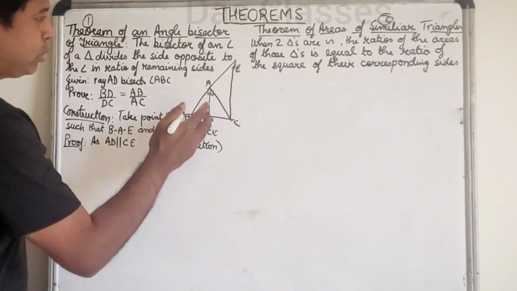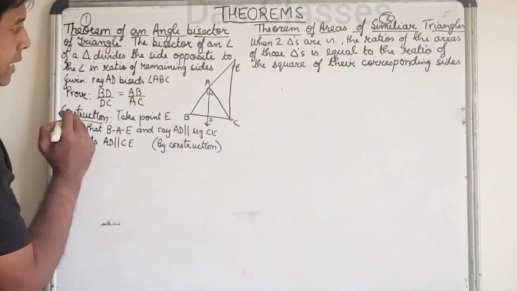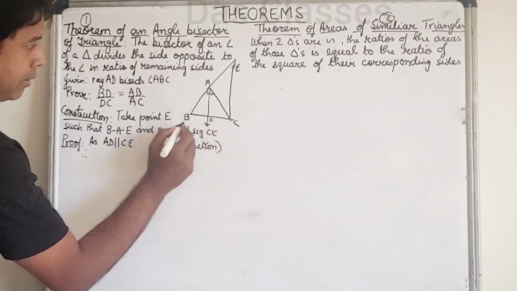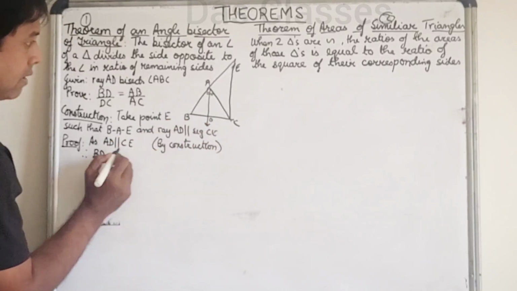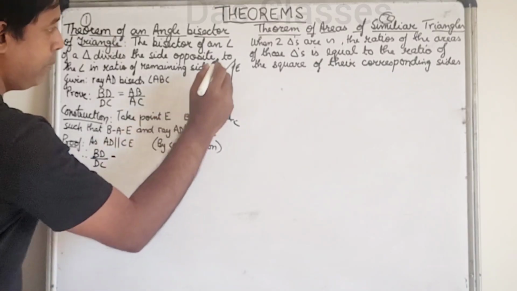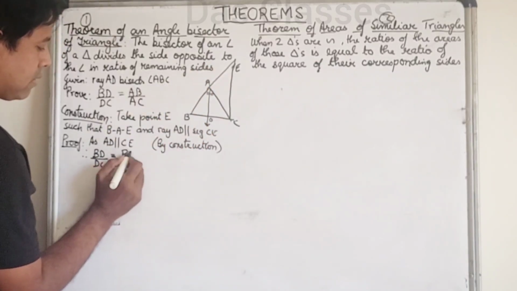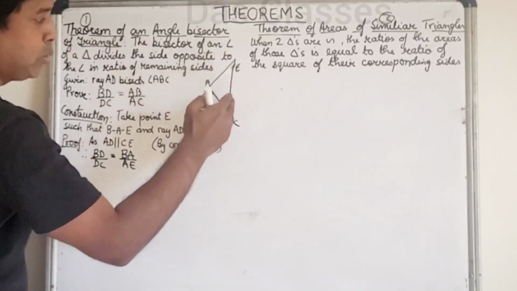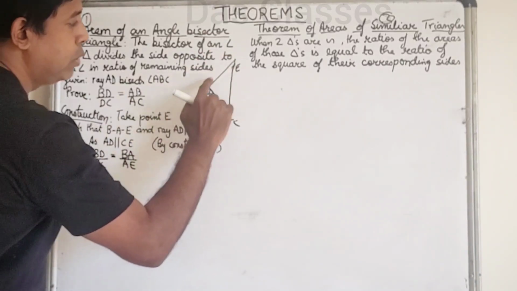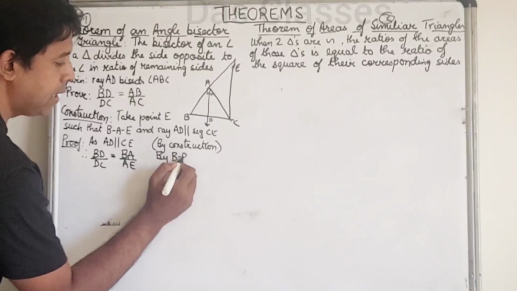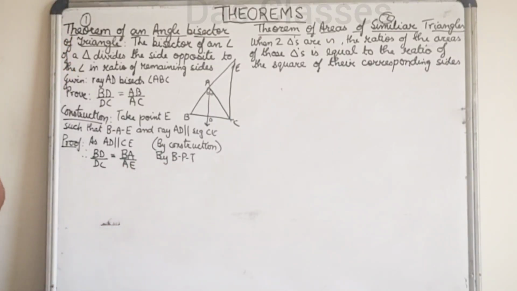Therefore, BD upon DC should be equal to BA upon AE, that is by BPT, the basic proportionality theorem.